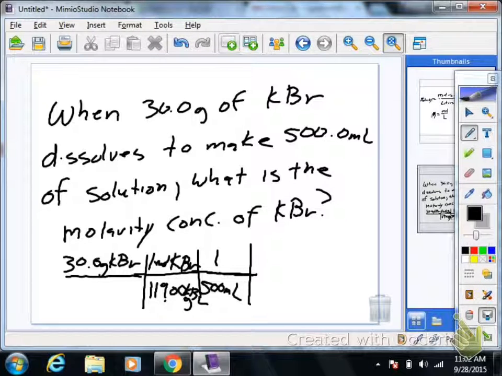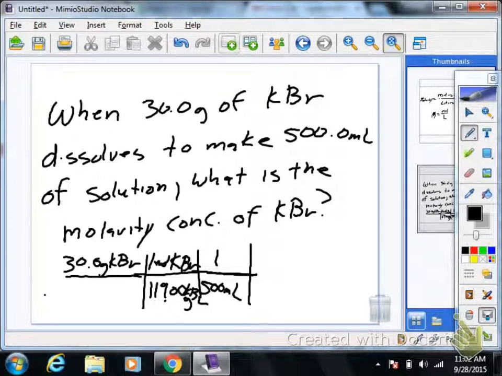Yes, John? If you're converting it, shouldn't 500 be on top and liter be on the bottom? Well, I'm not putting a unit with this. Okay, so right now, if I do the calculation, what would be my answer? Moles over milliliters. So I need moles over liters.